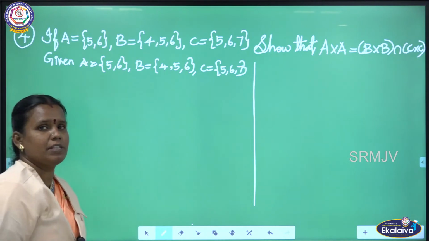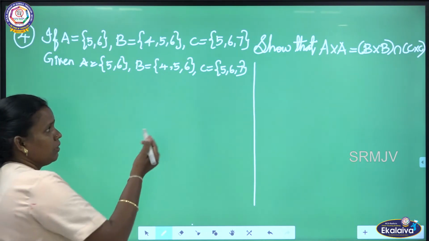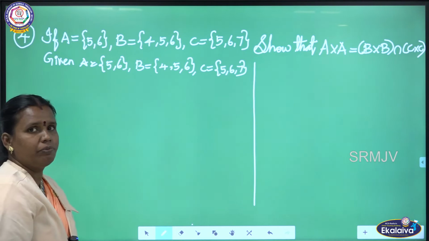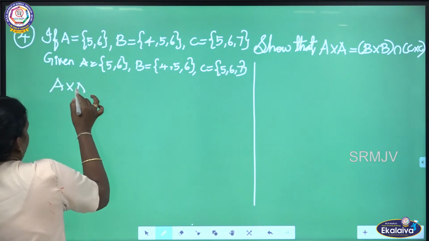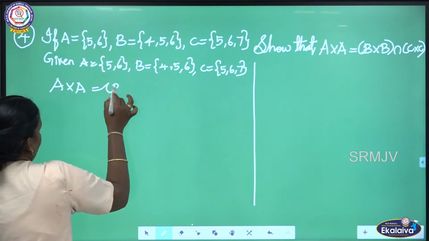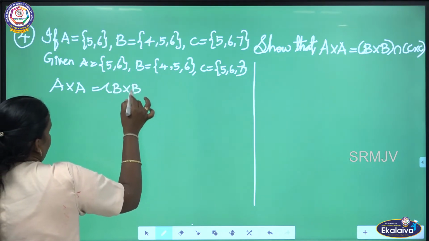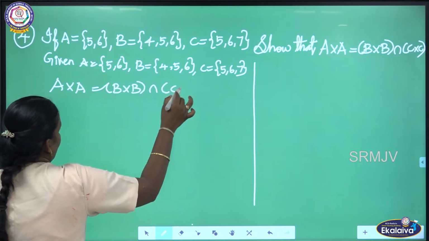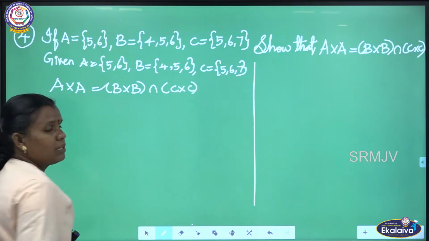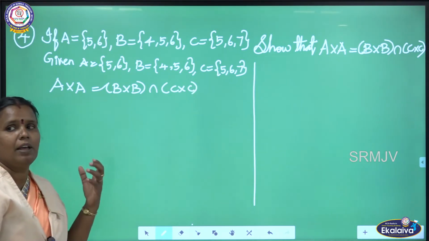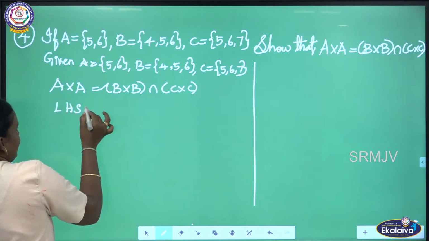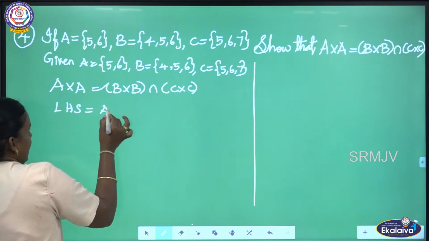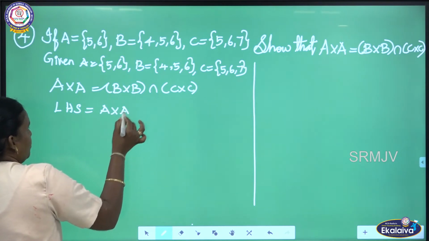After writing the given sets, we proceed with the proof. We have to prove A cross A is equal to B cross B intersection C cross C. First I will take the LHS part. LHS means left hand side, and it is A cross A.